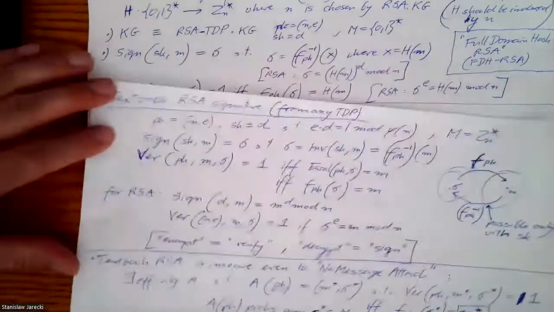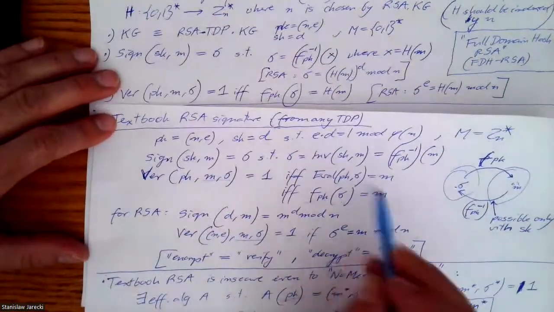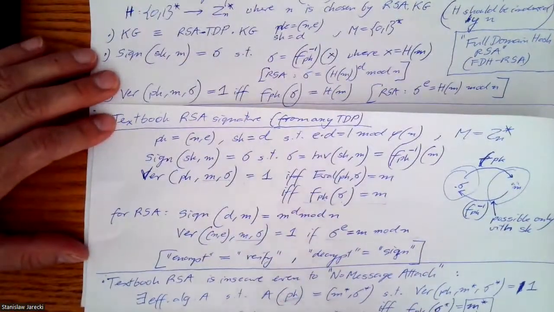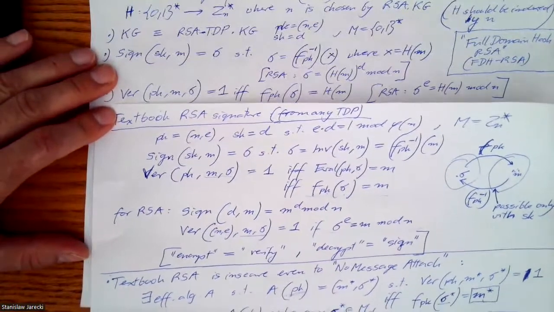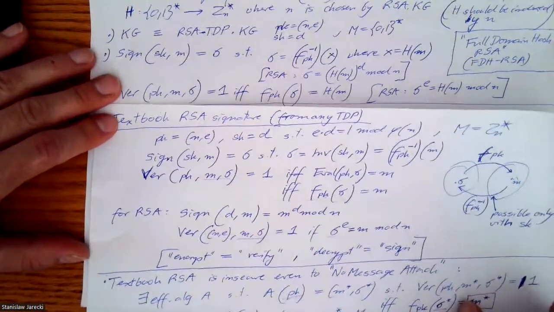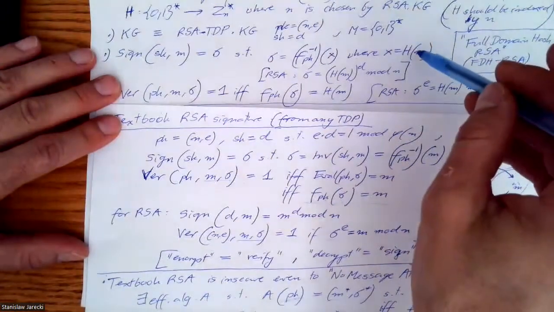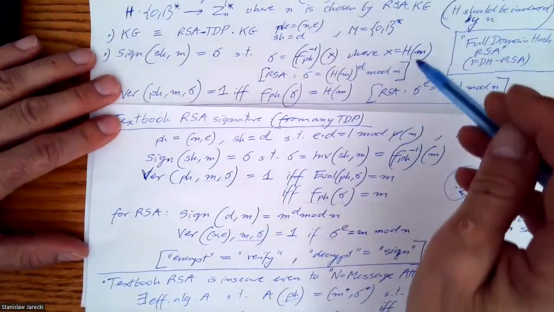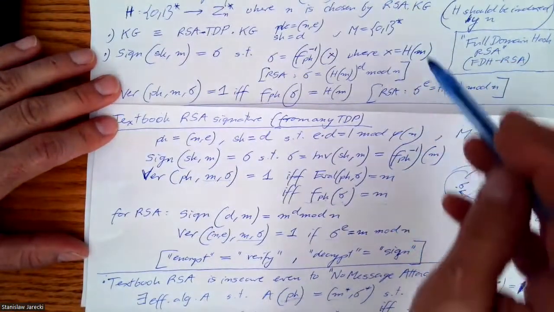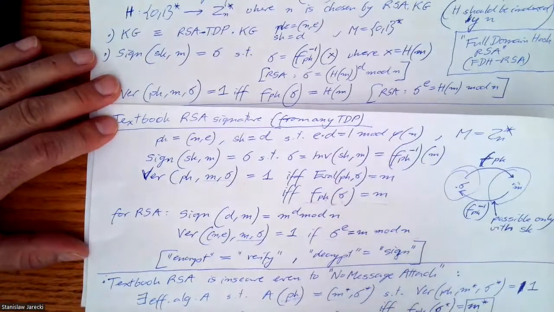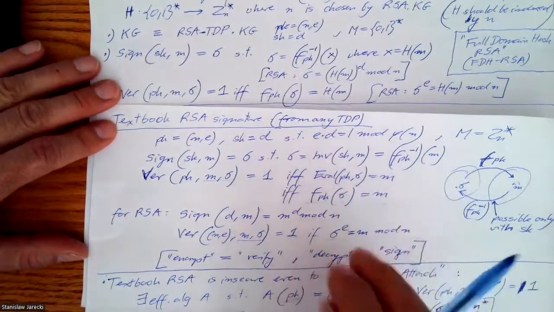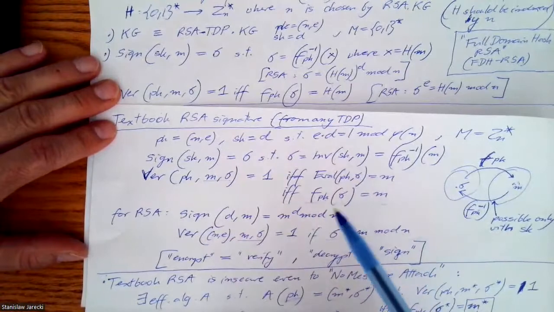So how come the textbook RSA that had so many insecurities, they're all taken care of by this simple trick of signing a hash? By the way, it's a very natural trick, right?